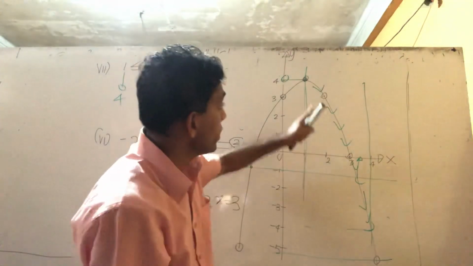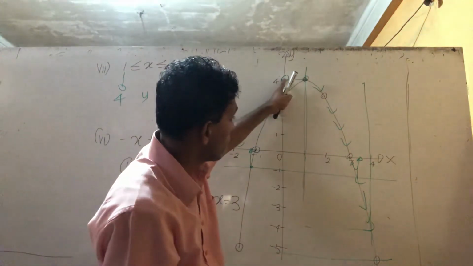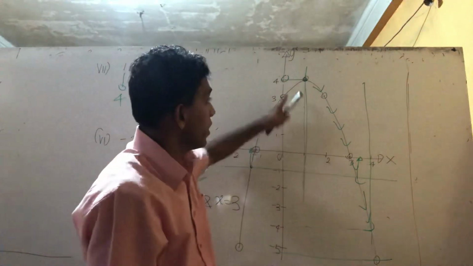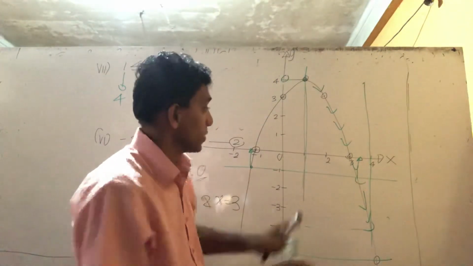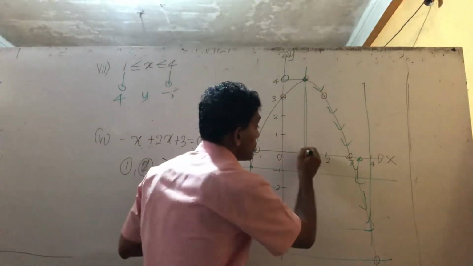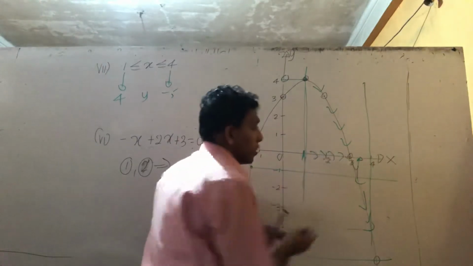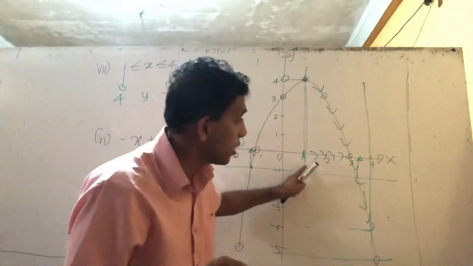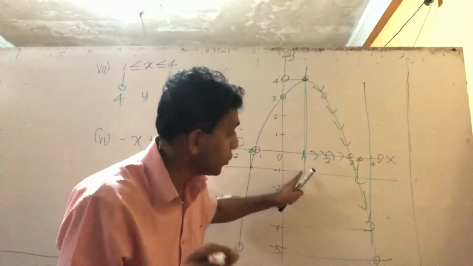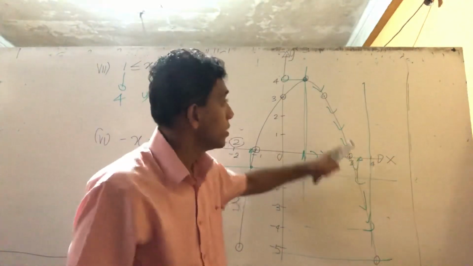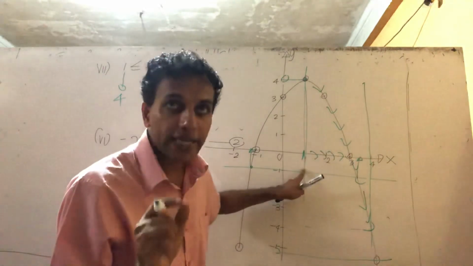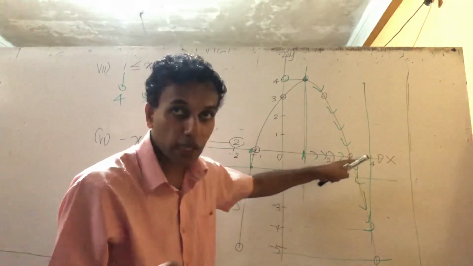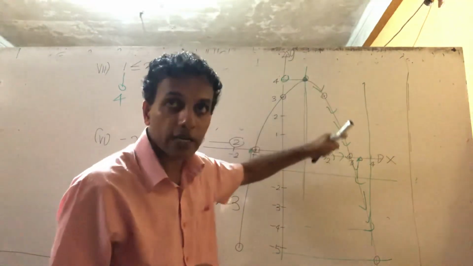When x increases from 1 to 3, y positively decreases.